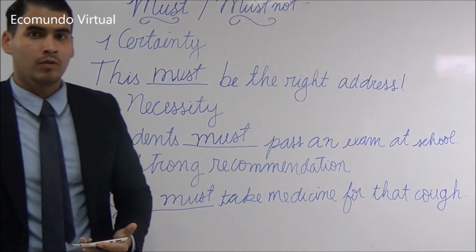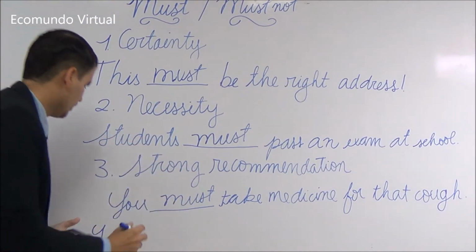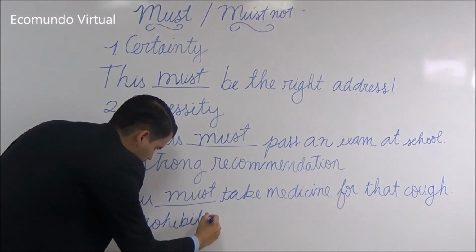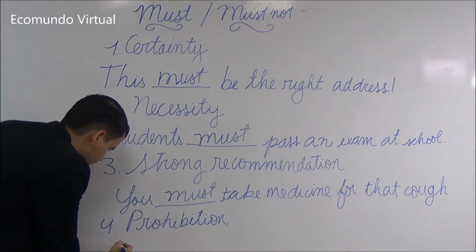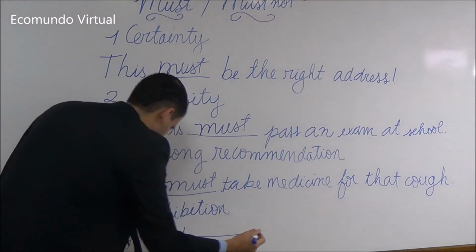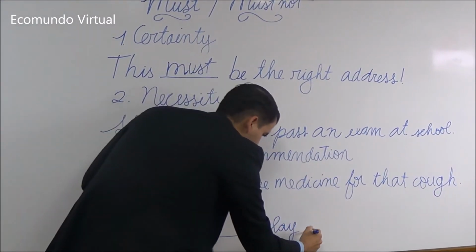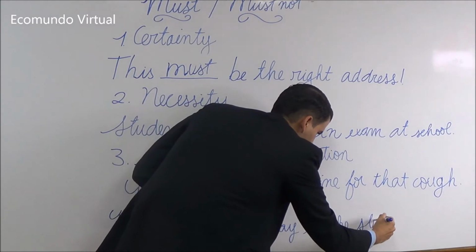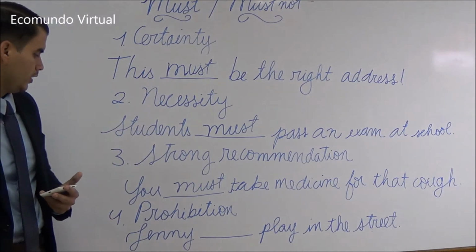Now, with mustn't, when something is forbidden or also is a prohibition, we use mustn't. Let me give you an example.